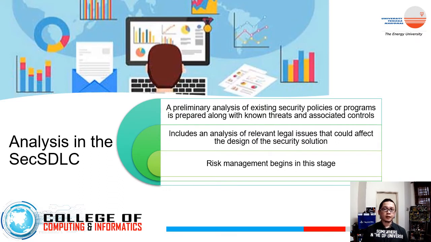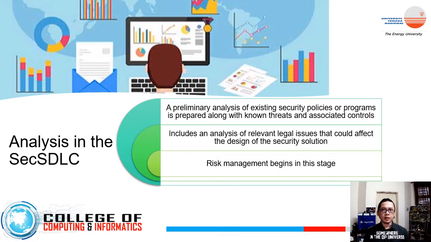So after identifying what needs to be done or what does not need to be done, the next phase is the analysis stage. So in this stage, we need to actually have a proper analysis of the current policy or current security measure that we have.